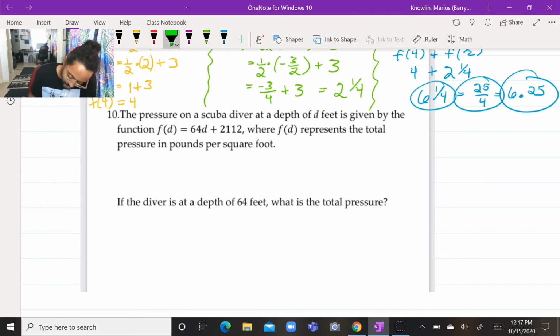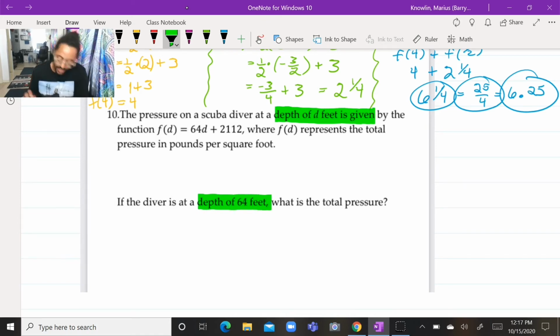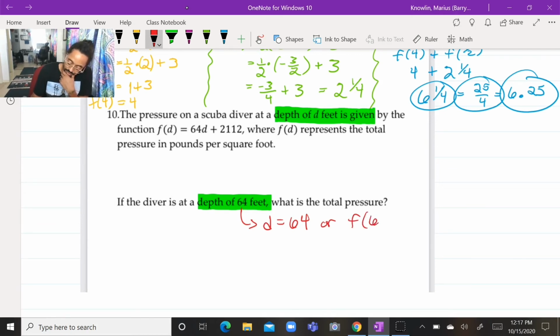All right. Well, they say the depth of d feet, and they give us the depth in the actual question that they're asking. So right here, this is telling us that d is equal to 64, or that's another way of saying f of 64.